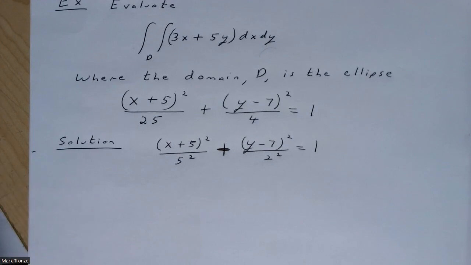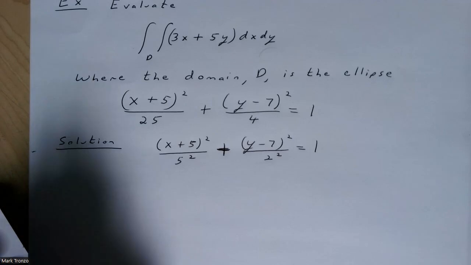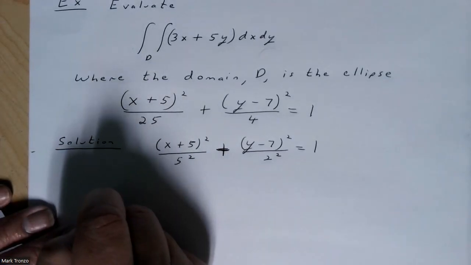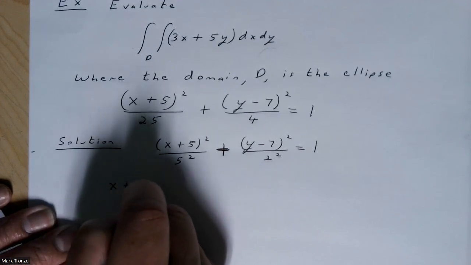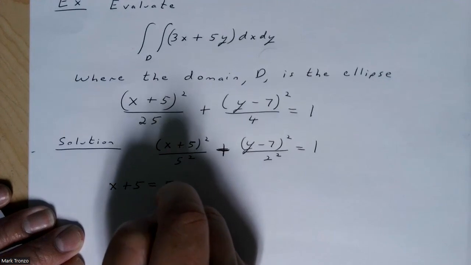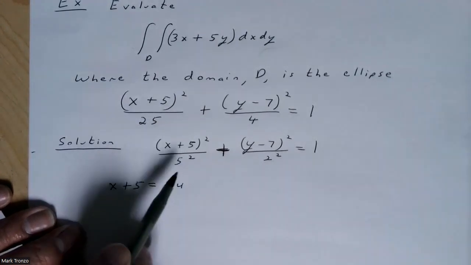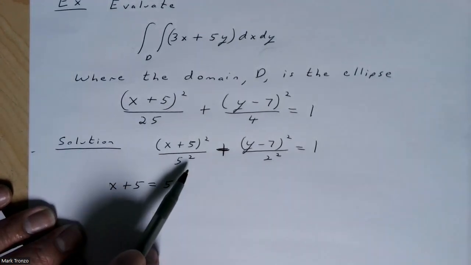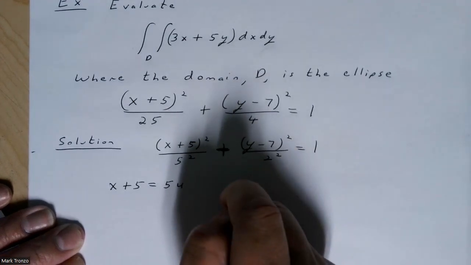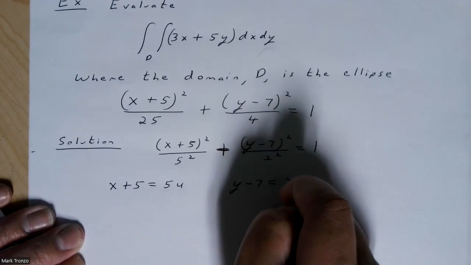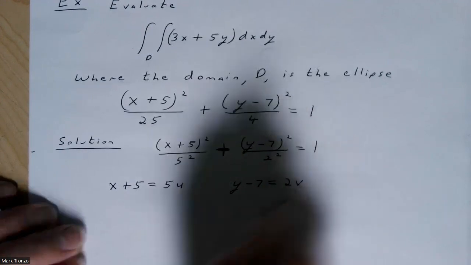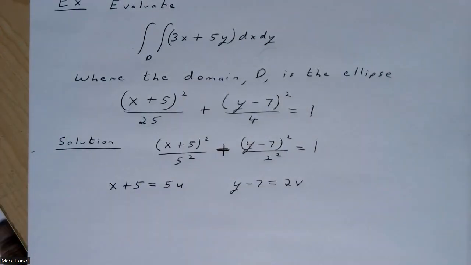So let's say x plus 5 would be equal to 5u. Again, we're picking 5u because we want to cancel. And then y minus 7 is equal to 2v, like this.